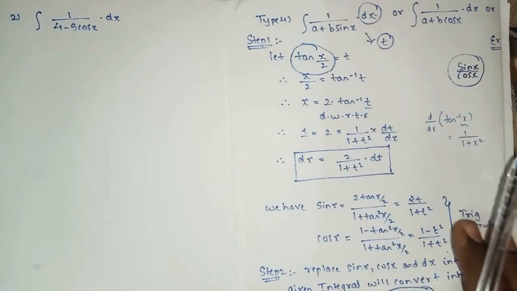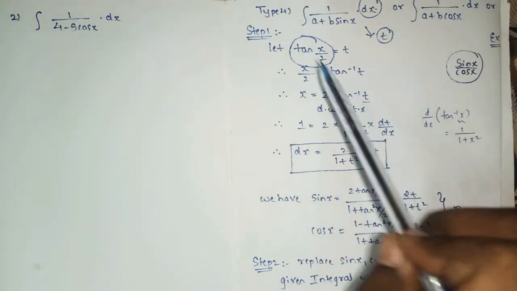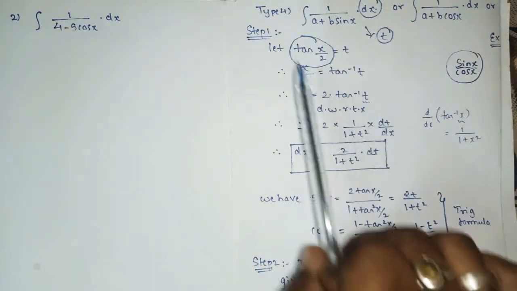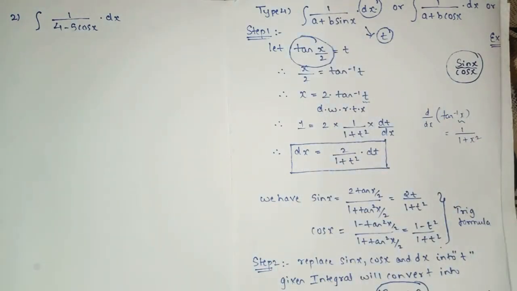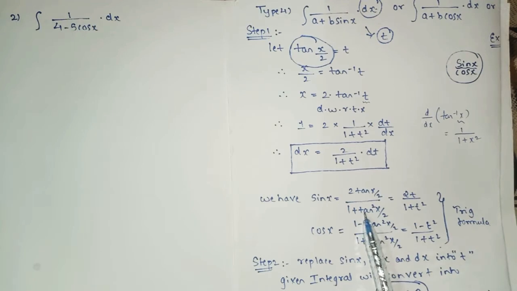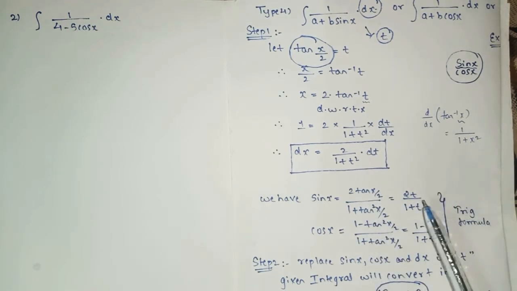Yes or no? As we are converting the whole integral in terms of t, we have two trigonometric formulas. One is sin x, that is 2 tan x by 2 upon 1 plus tan square x by 2. When you substitute tan x by 2 as t, it will be 2t upon 1 plus t square.